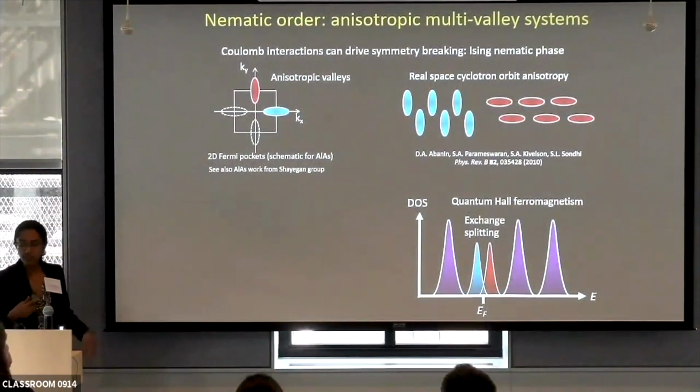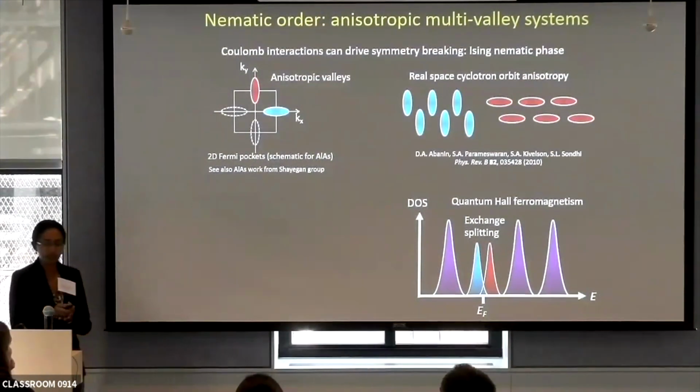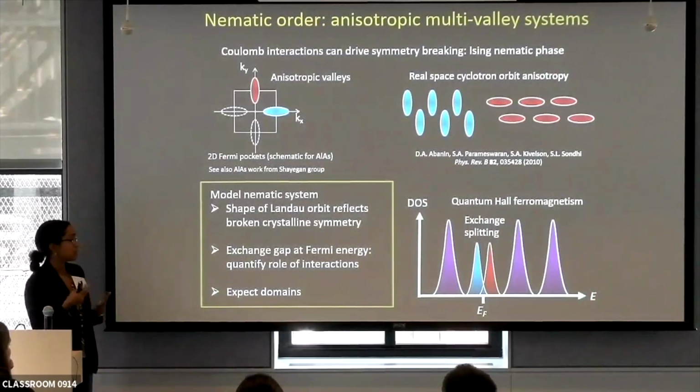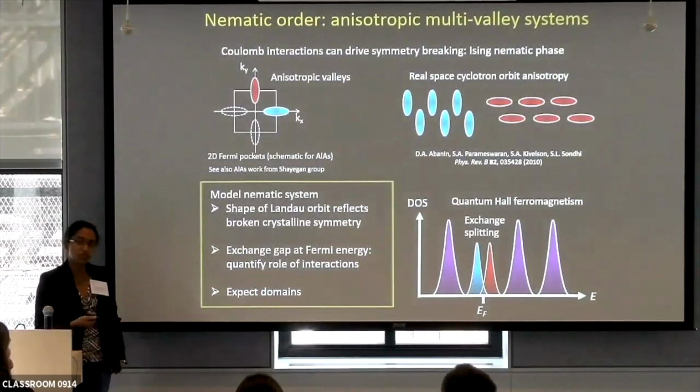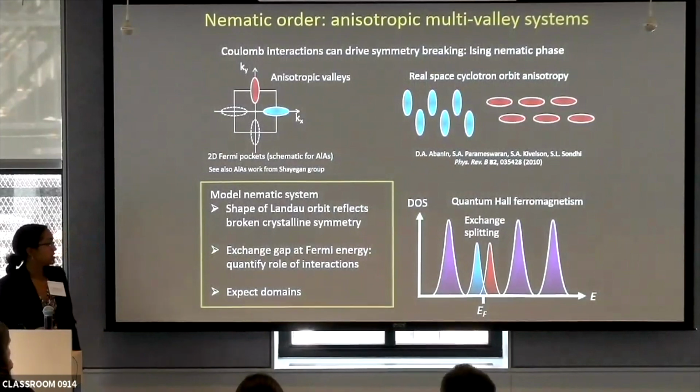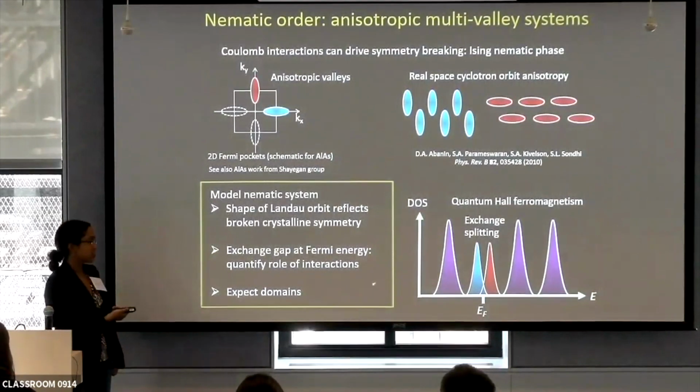So this kind of anisotropic multi-valley system can form a model nematic system where we can study, first of all, the breaking of the complete rotational symmetry by looking at the shape of the cyclotron orbits here, and also directly quantify the role of interactions by looking for these energy gaps around the Fermi level.